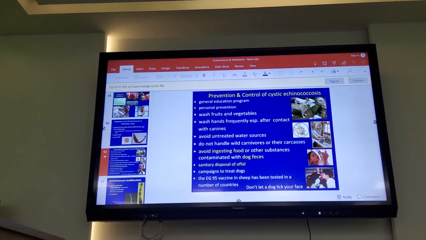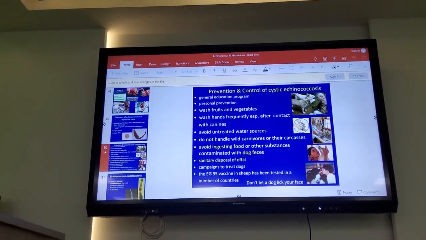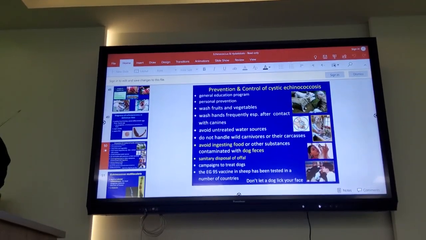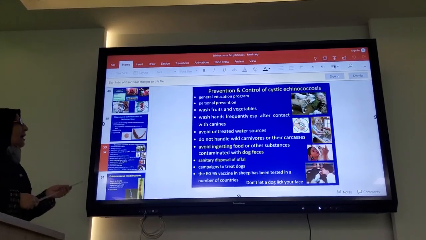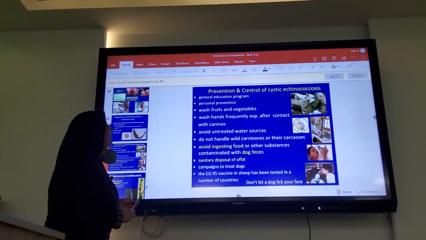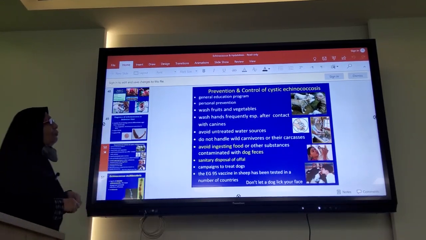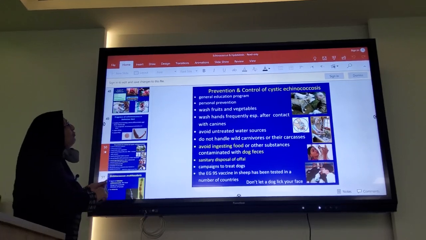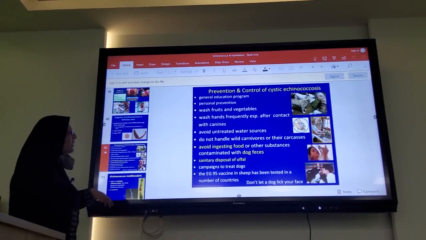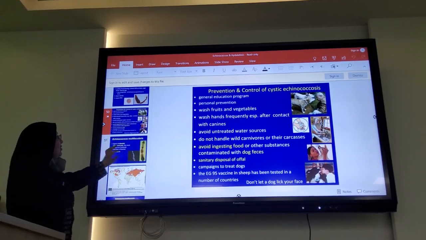When a liver containing hydatid cysts is fed to the animals, they keep the life cycle going, so it is very important to avoid such practices. And for people who, because of their occupation, are in close contact, they need to wash the fruits, wash their hands, and take other preventive measures.